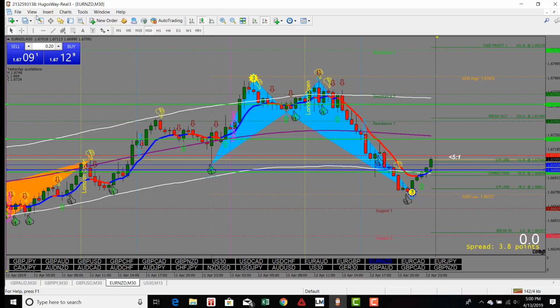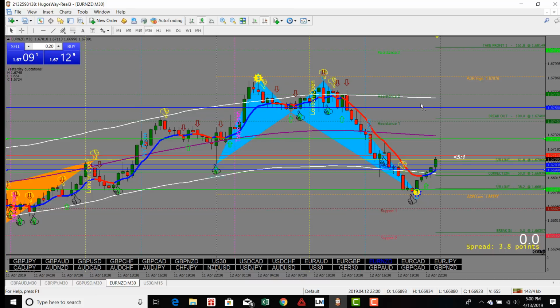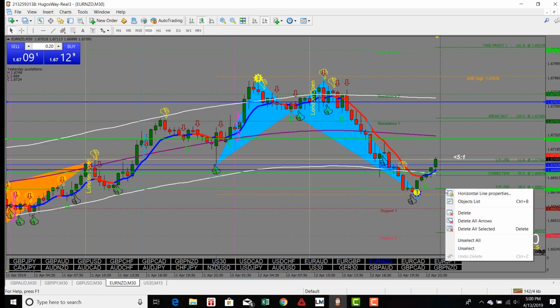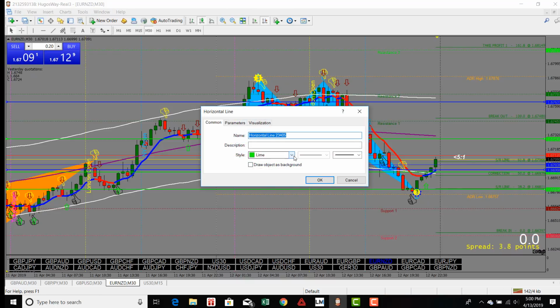Take that trade. So what I'm going to do is I'm going to set my take profit. All right, we're going to use this one here. This is your stop loss. My second position, my take profit is going to be there. We're going to use this as a stop loss. So let me turn it red.